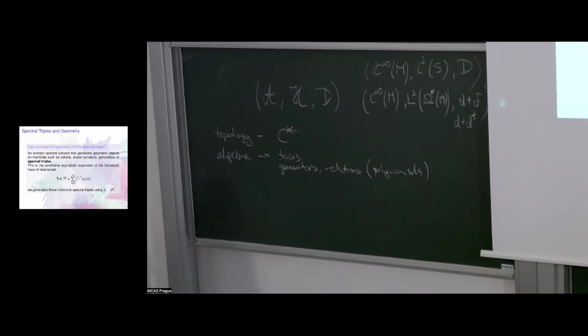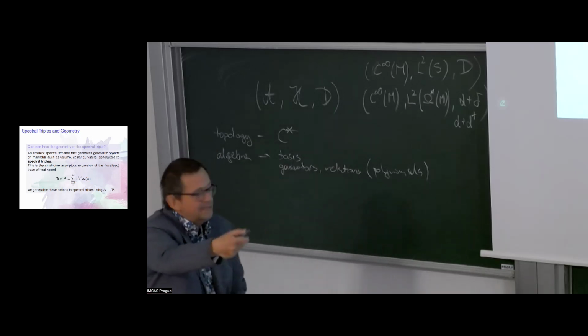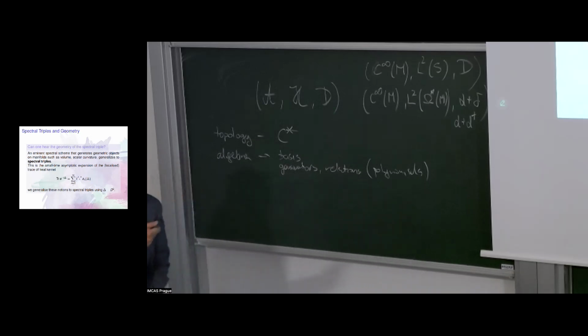So just looking at the operator, which is the Laplace operator, or the square of the Dirac. The square of Dirac is the Laplace operator plus something. This plus something could be ignored at the moment.